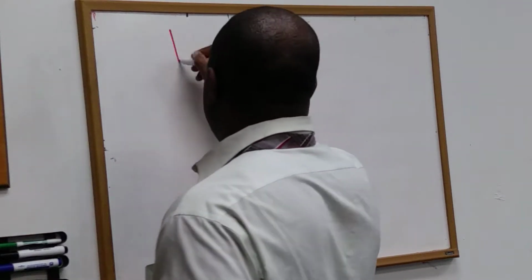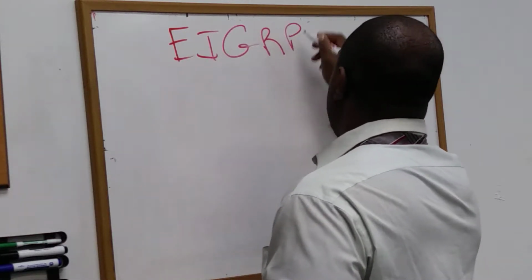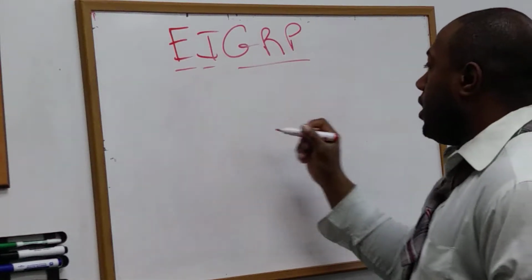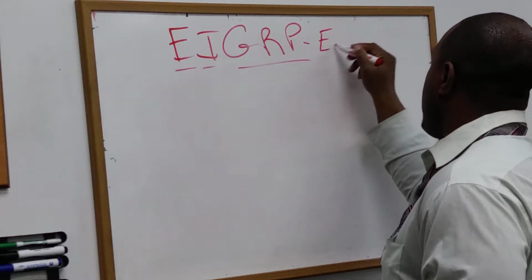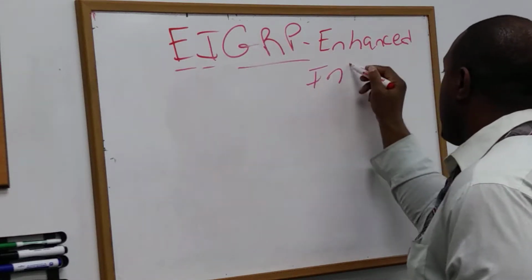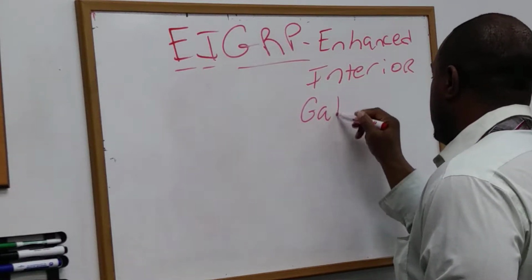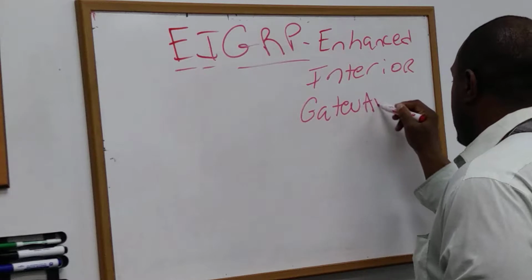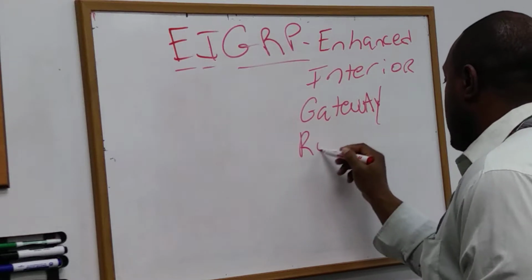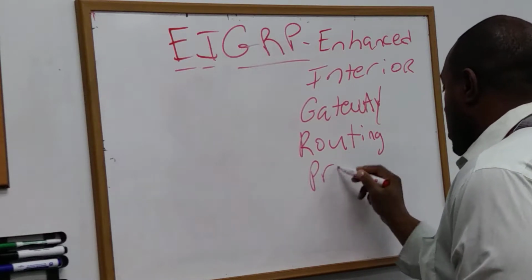So the routing protocol is EIGRP. And EIGRP stands for Enhanced Interior Gateway Routing Protocol.